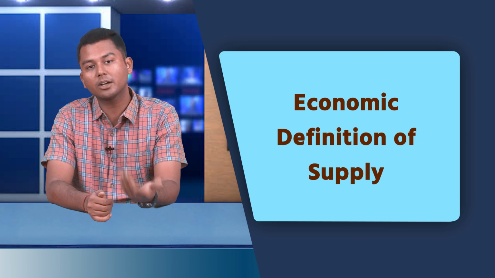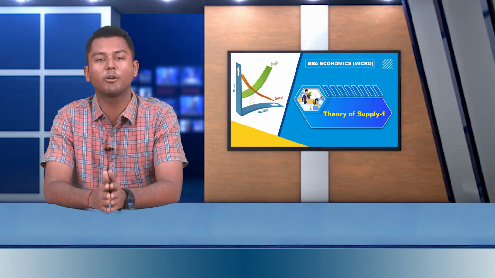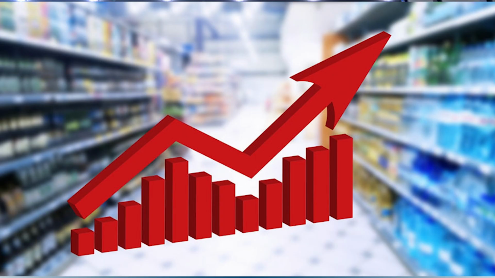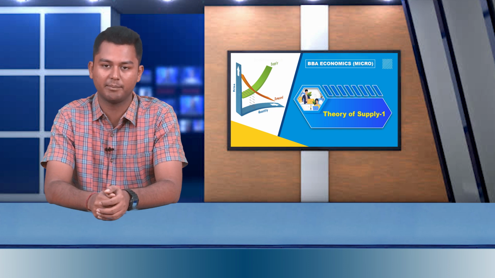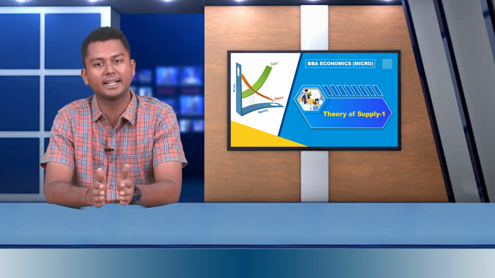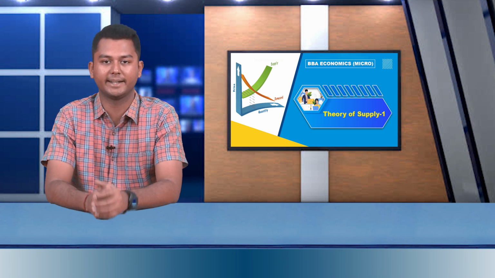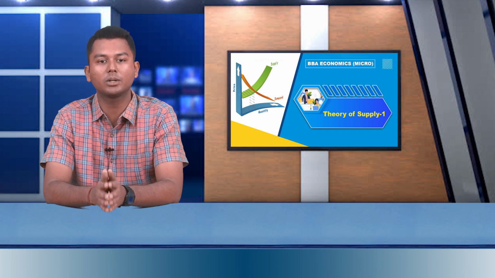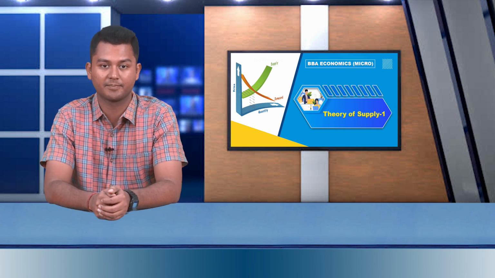Let us start with the economic definition of supply. Supply refers to the quantity of a good or service that producers are willing and able to offer for sale at various prices during a specific time period. This definition emphasizes several key elements that distinguish supply from mere production or inventory. Willingness to supply means producers must want to sell their output rather than keeping it for other purposes.